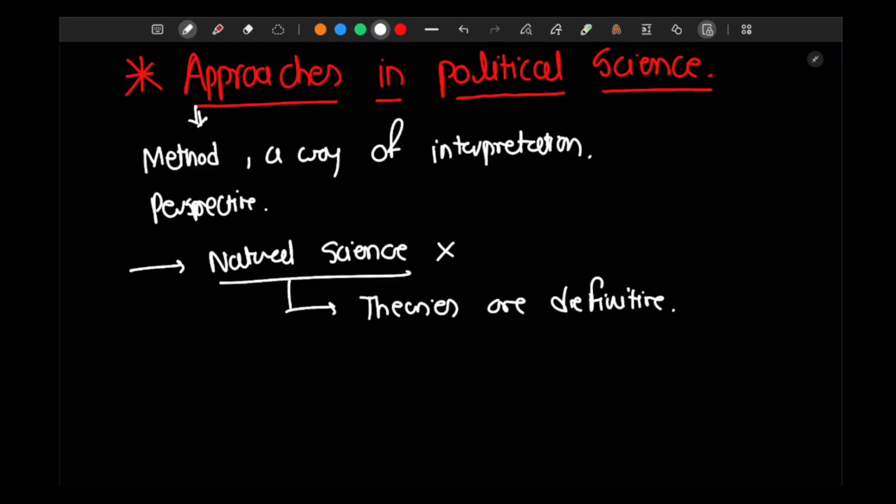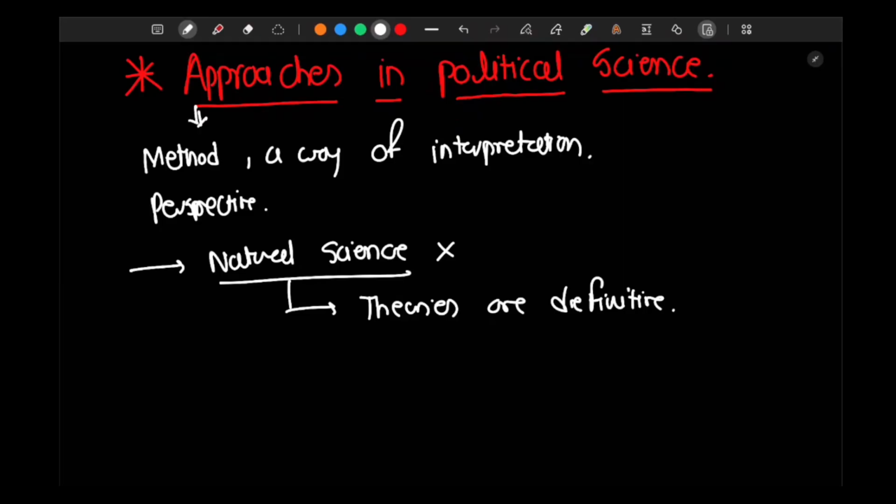There cannot be multiple perspectives on a singular issue, right? It is very definitive. It is very repetitive. But in political science there can be approaches. There can be a concept which is definitive, but there can be multiple perspectives on it, right? Multiple perspectives on it.